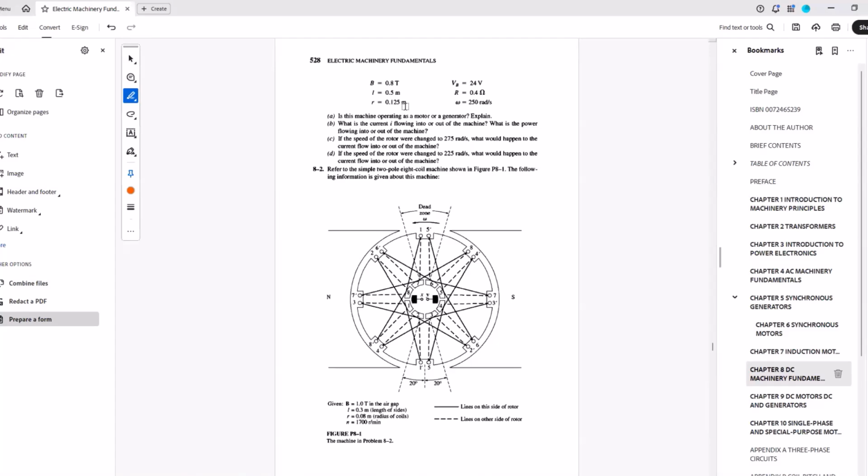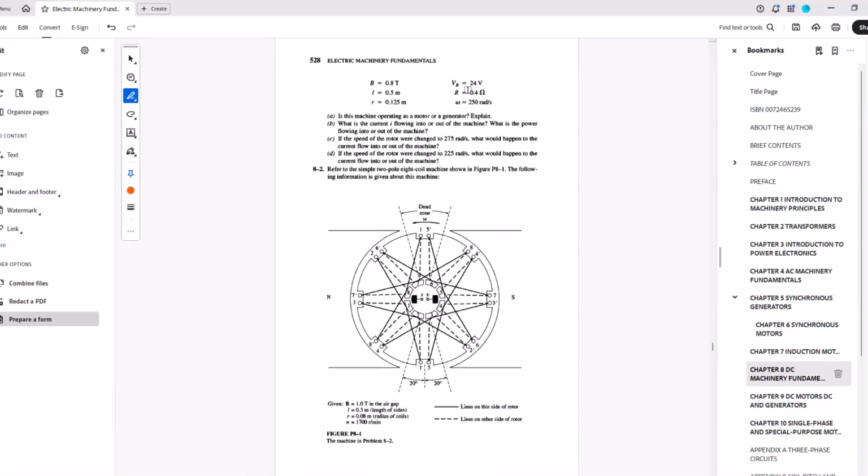That is the radius of the circle associated with that loop. If you look at that cylinder, the cross-section would be a circle which has a radius of 0.125, and your conductor bar is going to be carved around that cylinder, going from one side, coming from the other side.